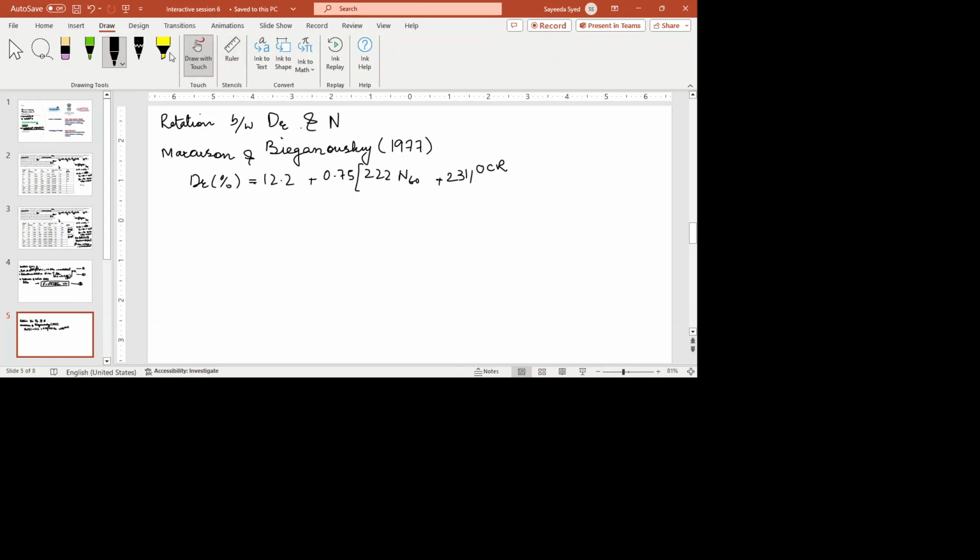No, there is a correction here. Plus 2311 minus 711 times OCR minus 779 sigma naught dash by PA. PA is 100 here.